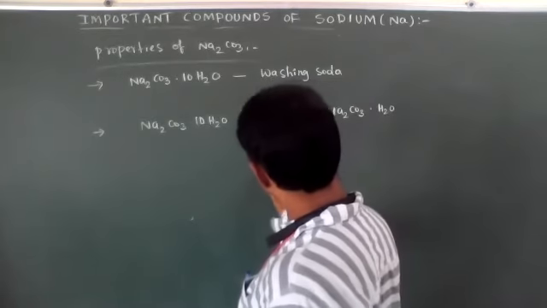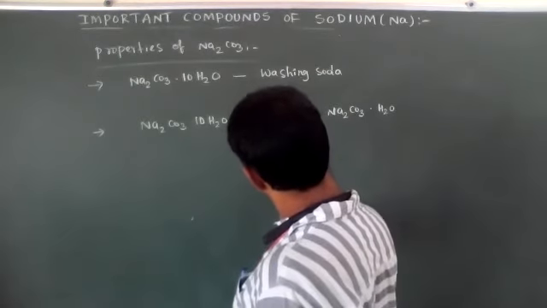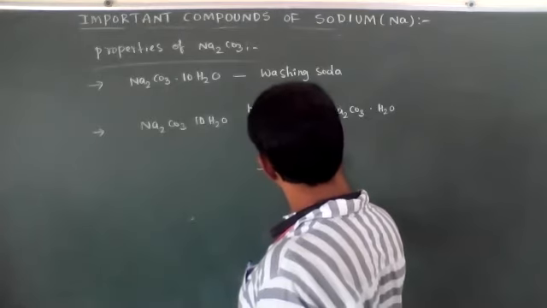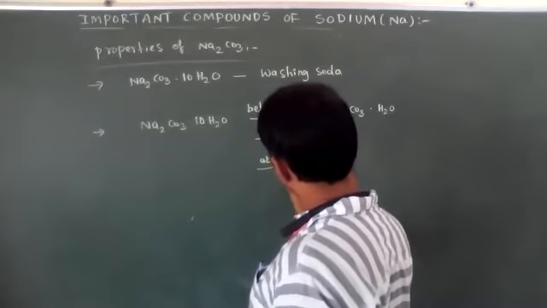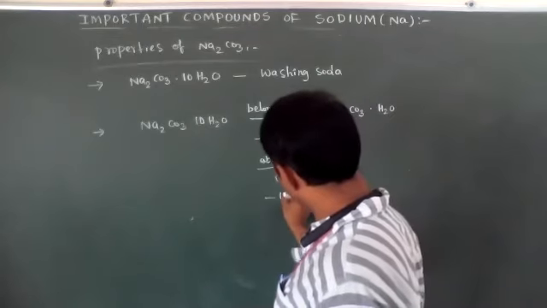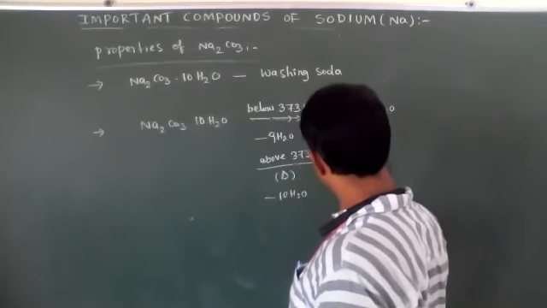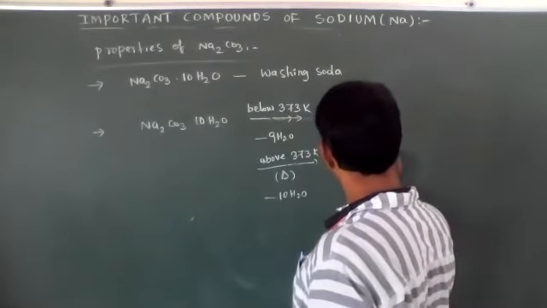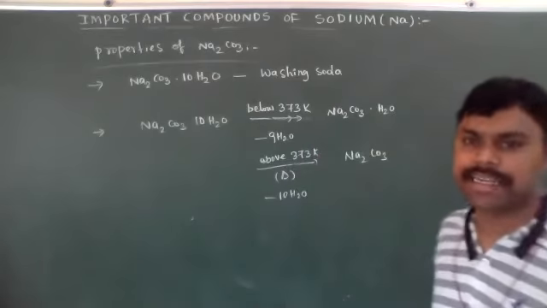If it is heated above 373 Kelvin temperature, all the water molecules will come outside. Then it forms Na2CO3, anhydrous sodium carbonate.